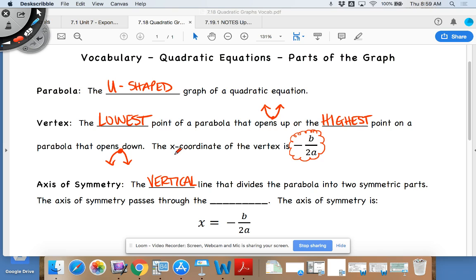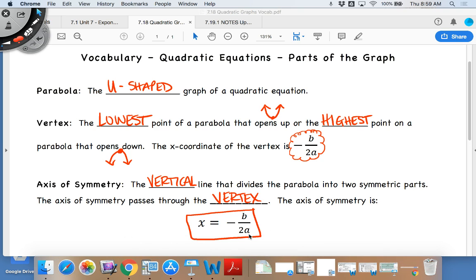The axis of symmetry passes through the vertex. And so the equation for the axis of symmetry is right here. And it's always going to be x equals something because it's a vertical line. So it's going to be x equals blah, blah, blah.